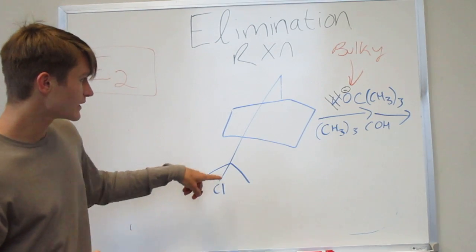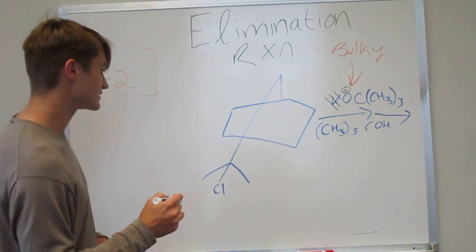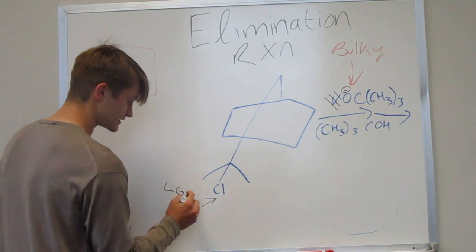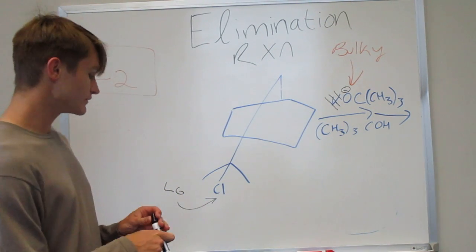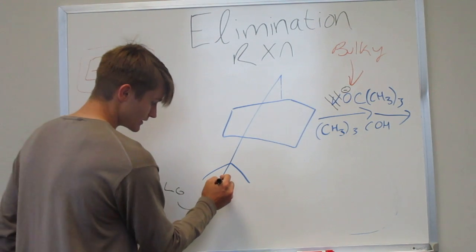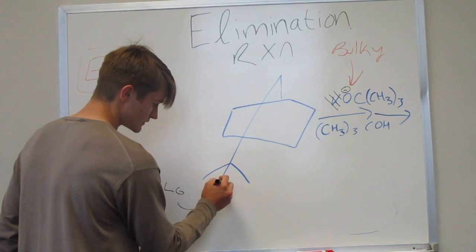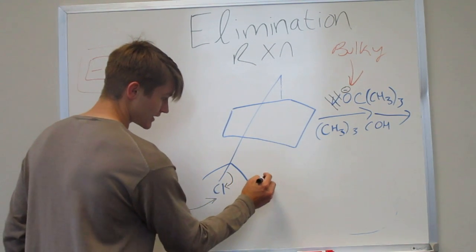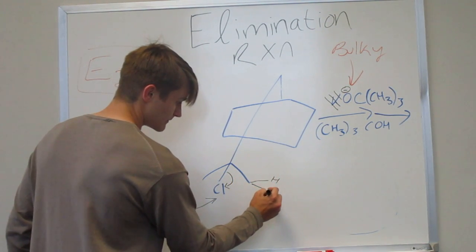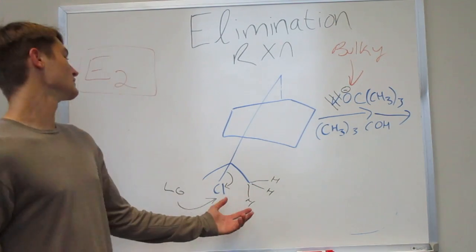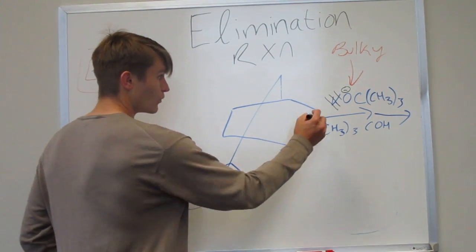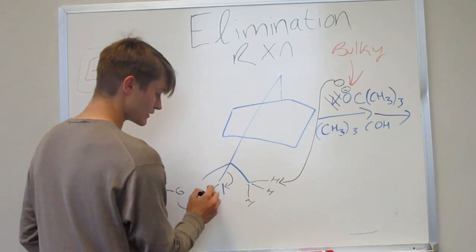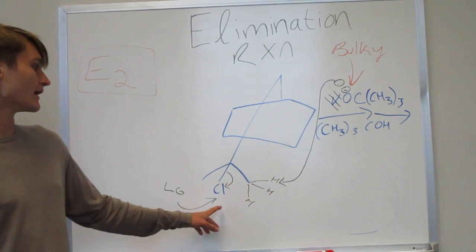For E2, everything happens at once. This is obviously the leaving group because it's a halogen, and chlorine likes to leave. It's going to kick this off, and then the attached hydrogens here will be grabbed by the base, or the chlorine could grab one of these.